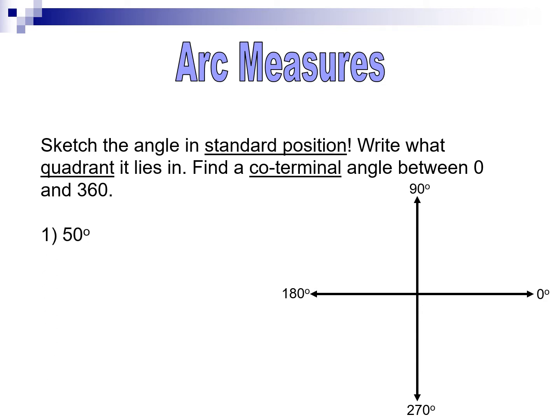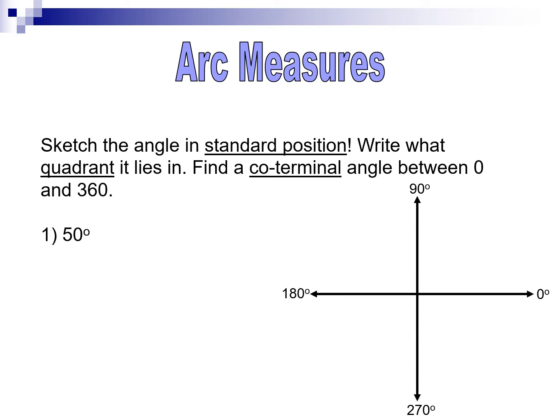We're asked to sketch the angle in standard position. And so if you notice, 50 degrees is somewhere in between 0 and 90 degrees. And in fact, if we go halfway in between, that'll be 45 degrees. And since we don't have a protractor to work with, we're just going to sketch.